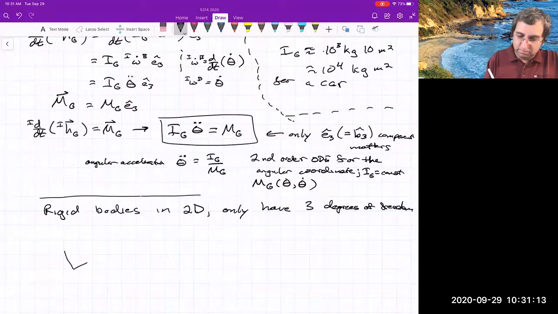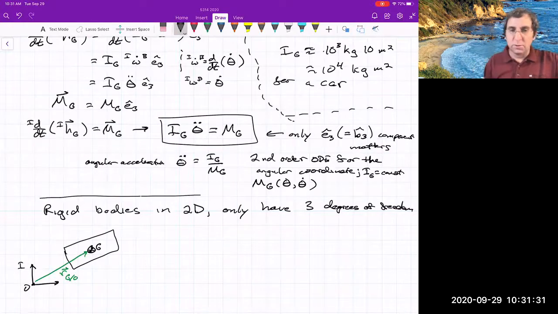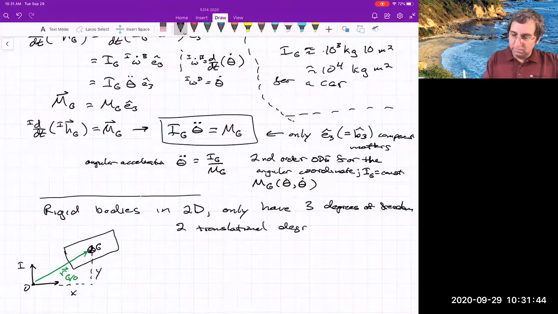If I have some rigid body, and I'm tracking where the center of mass is with respect to some inertial origin, that's just given by 2 numbers. Maybe think of it as x and y. So I've got 2 translational degrees of freedom.